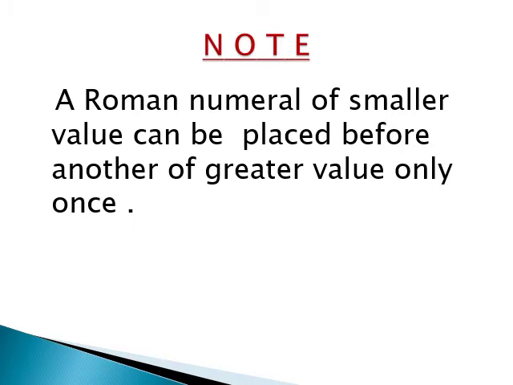So please remember, we cannot repeat the Roman numeral of smaller value before another of greater value, because the rule very clearly says a Roman numeral of smaller value can be placed before another of greater value only once. To understand more, let us take some examples and go to the next one.